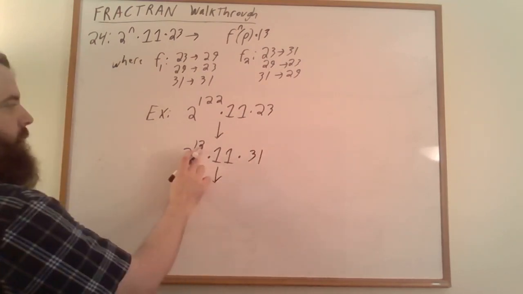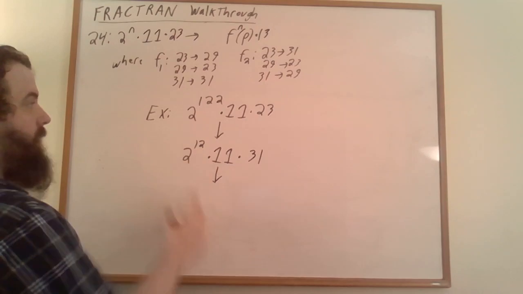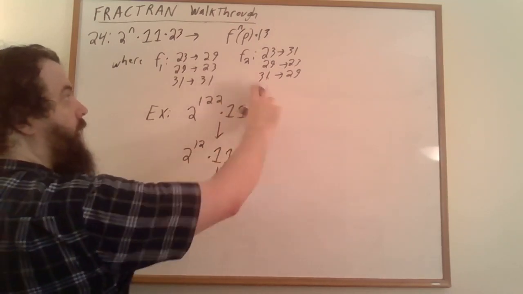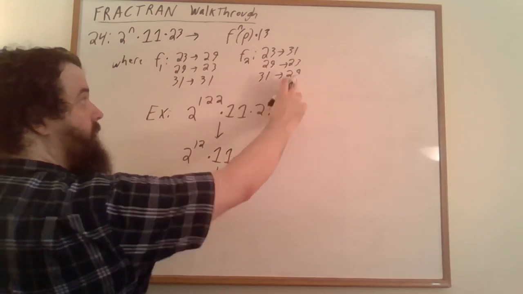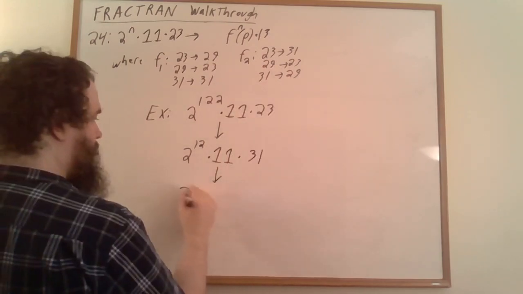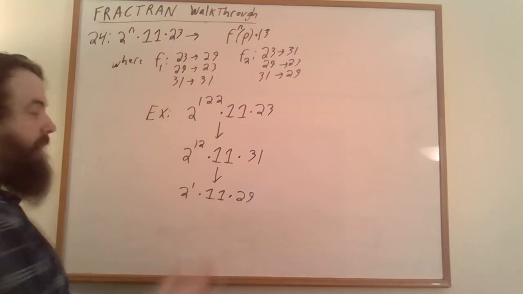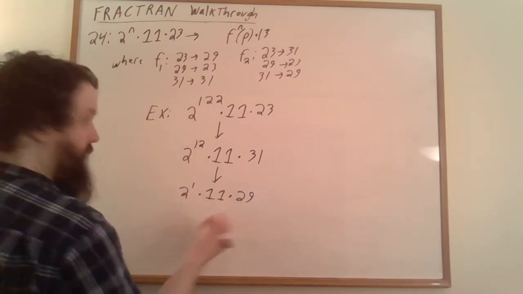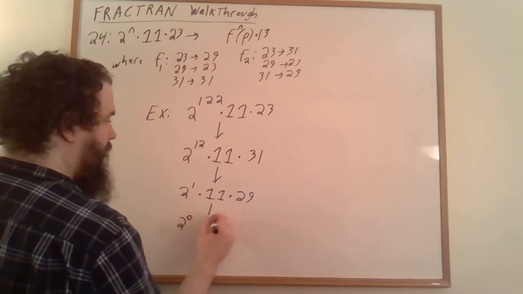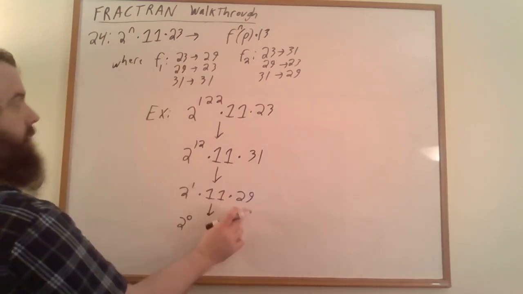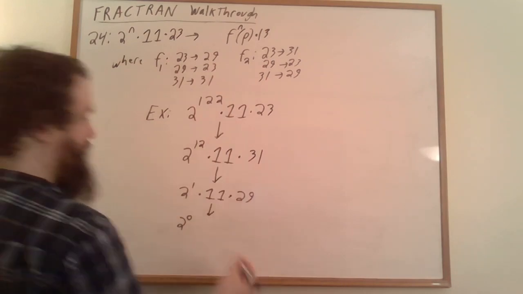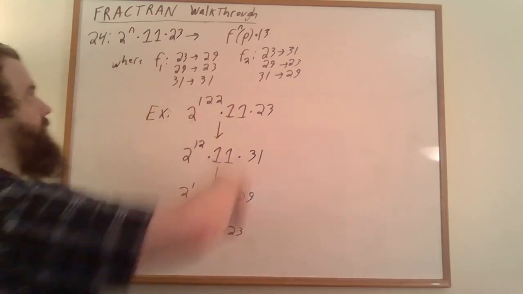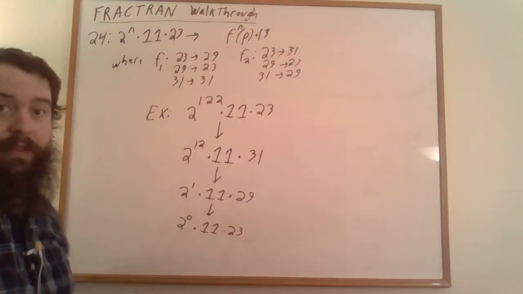Then we're going to want to pop another 2 off of this stack, and apply f sub 2 again, of 31. So that's going to take us to 29. And then we read a 1 on the stack, so we pop that off, and we're left with 2 to the 0th. And we need to apply f sub 1 to 29, which is going to take us to 23. And then, of course, we need to turn these 11s into 13s at some point to indicate that we're done.